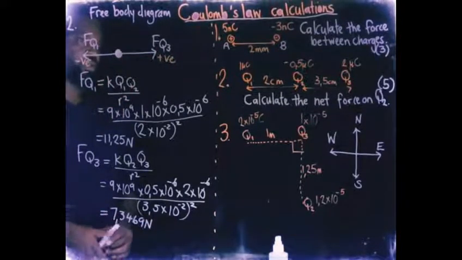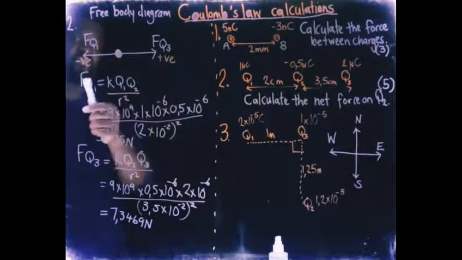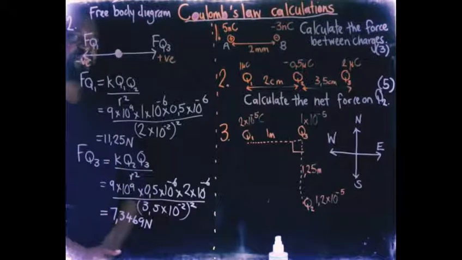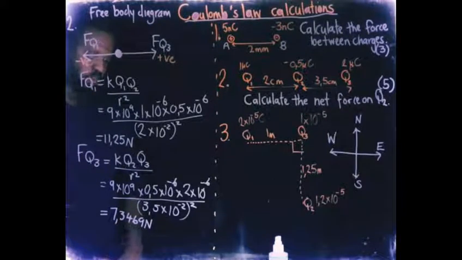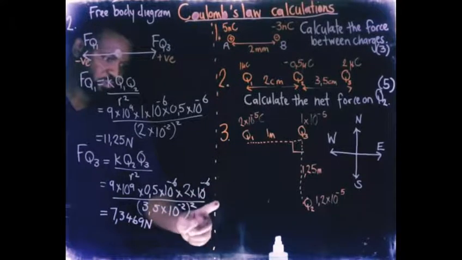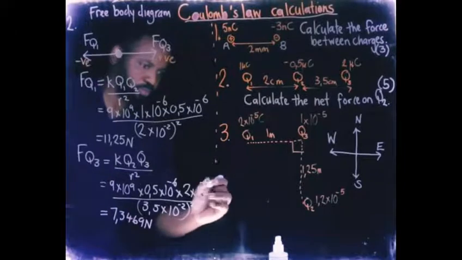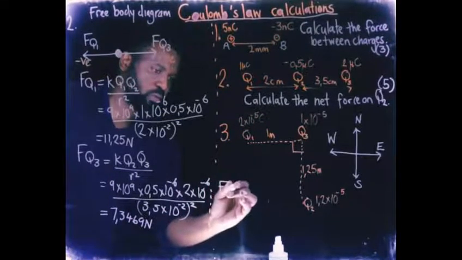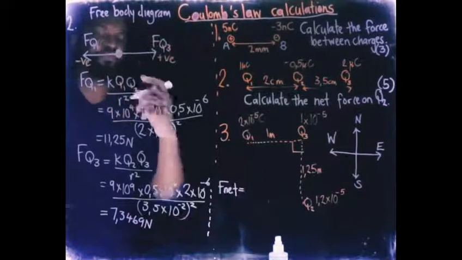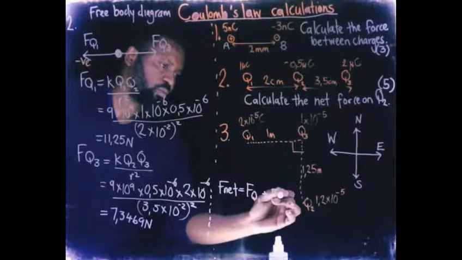Now, FQ3 is the positive force, FQ1 is a negative force. So how do I determine the net force now? Well, I'm going to say the net force is a sum of Q1 plus Q3.